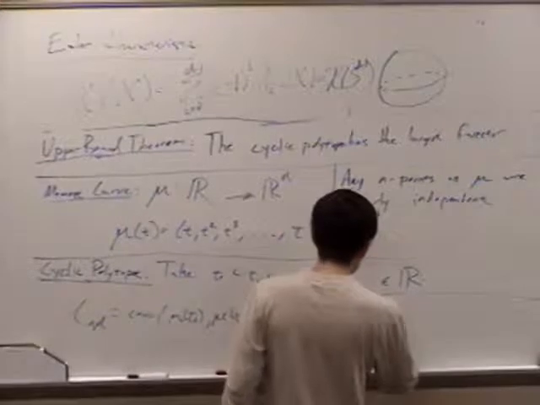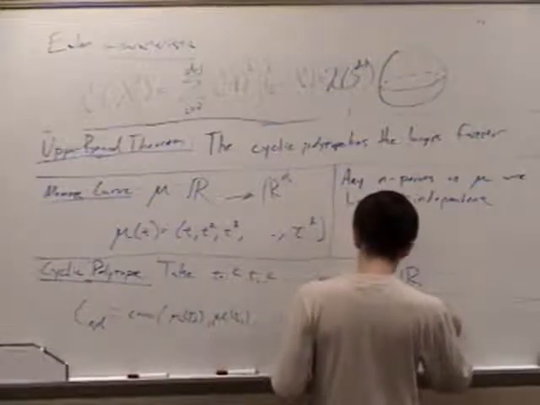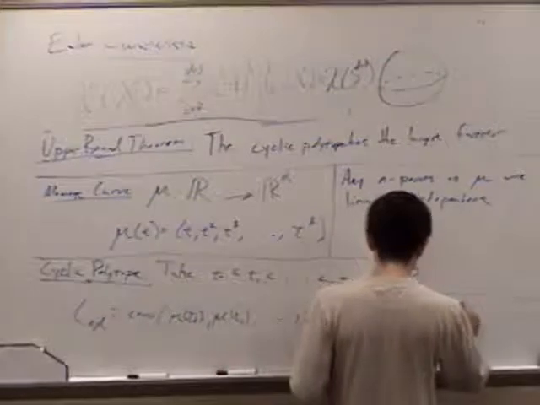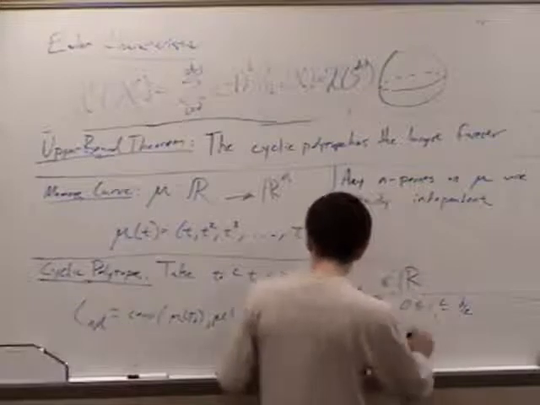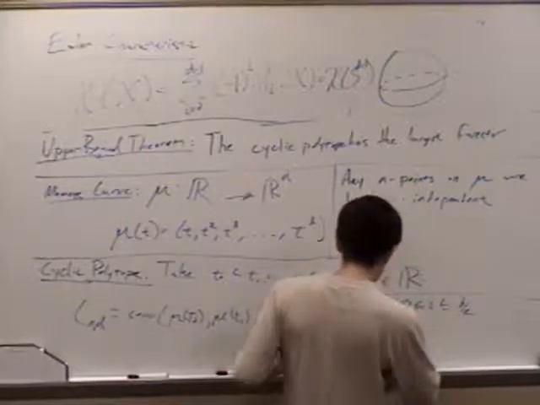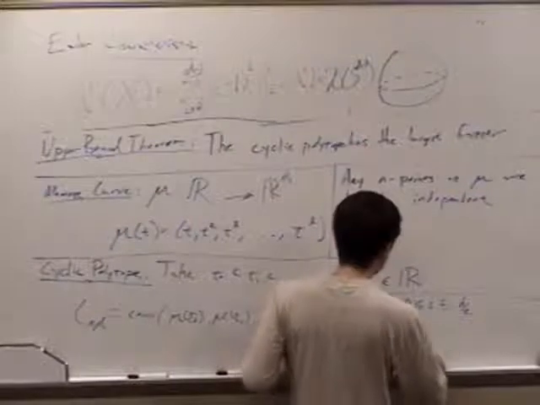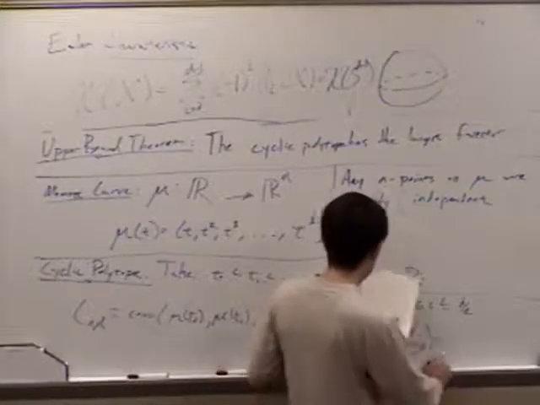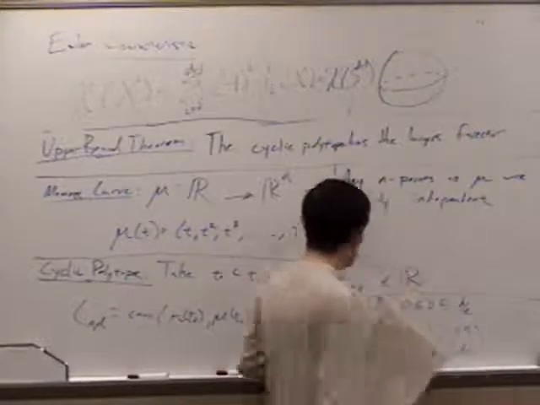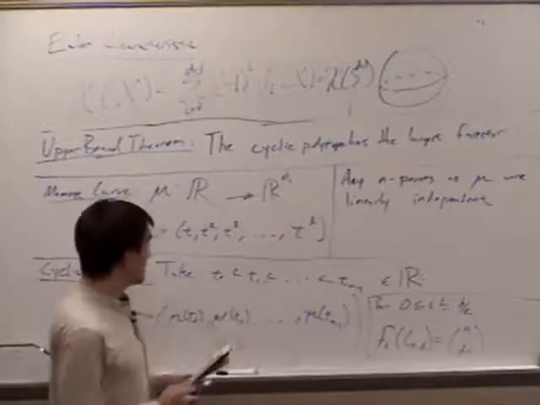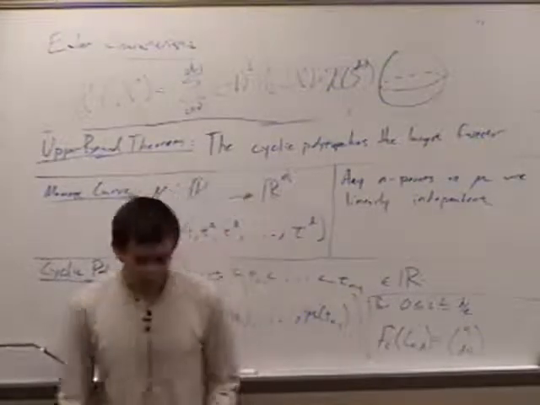For 0 less than or equal to i less than or equal to d over 2, the ith component of the F vector of C(n,d) is going to be n choose d plus 1. Right, and then the Dehn-Sommerville equations allow you to determine the rest of the components of the F vector from that result.